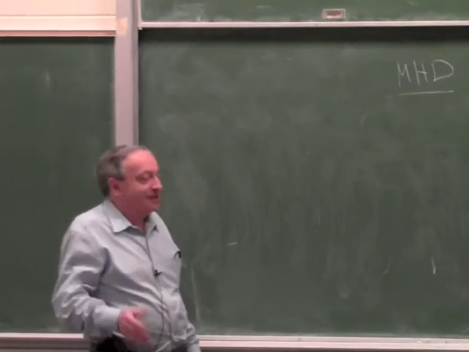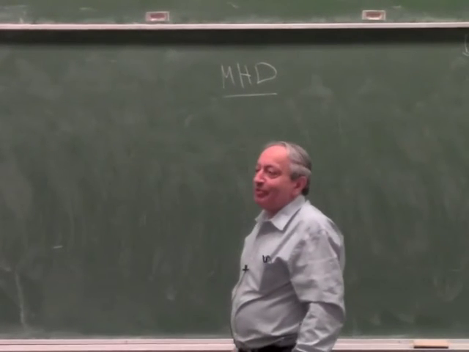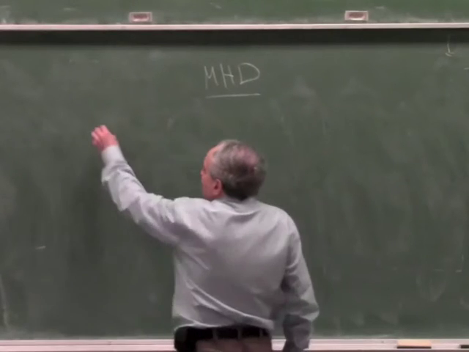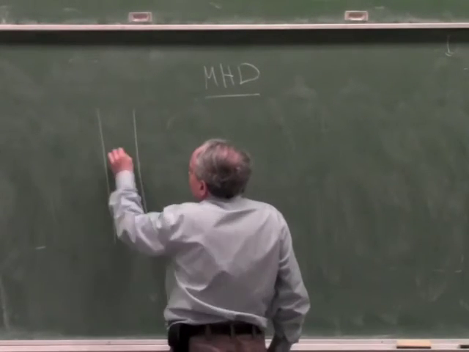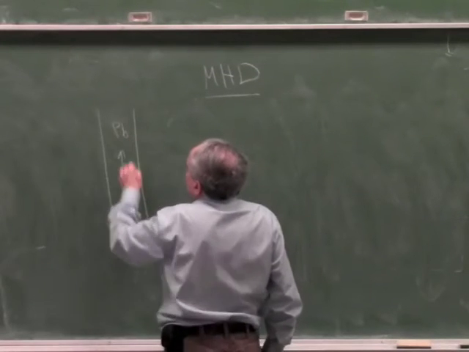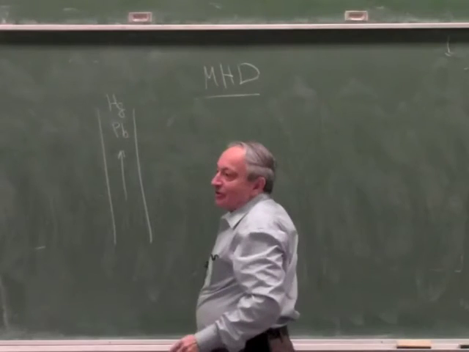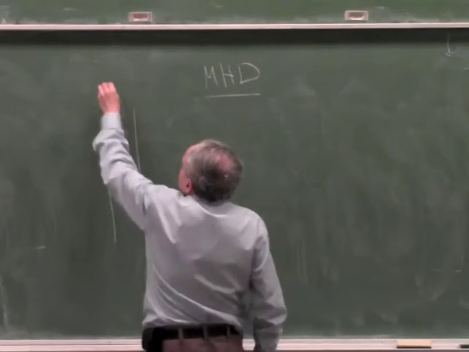For example, let's say you want to pump, and that's a real problem, which is very, very common. Let's say you want to pump molten metal in pipes. Let's say you have molten lead or mercury, which is not so popular today, or sometimes sodium.